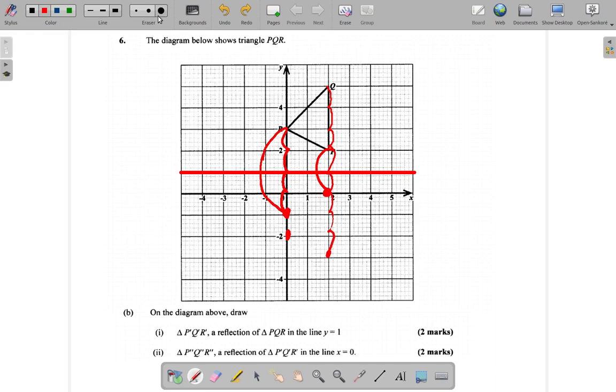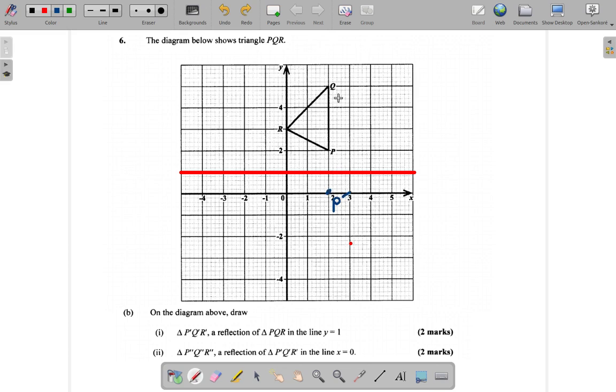So let's just remove what we did, see if we can remember the points, and then redraw the triangle. P, 1 above the mirror line, would be 1 below. So P prime would be here.